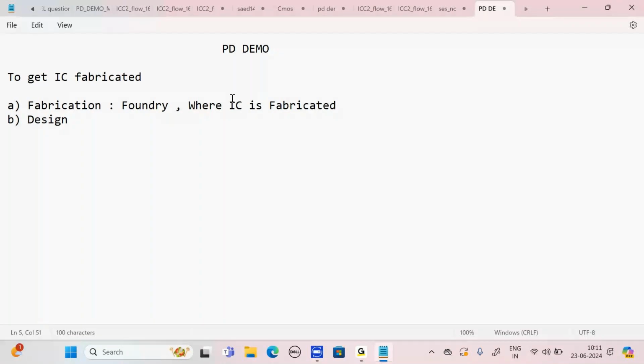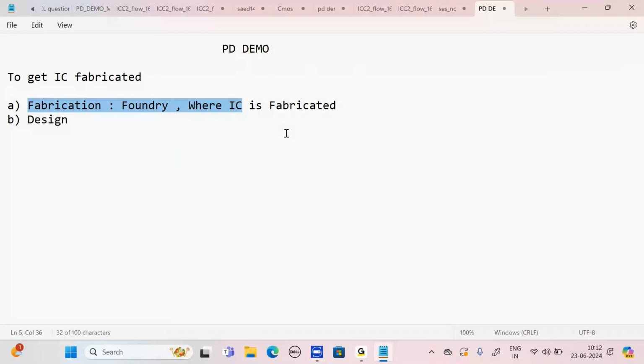So for that reason, opening a foundry is not very easy. And who is going to work in foundries? More than the knowledge of electronics, there should be a knowledge of what? Chemical reaction. Electronics engineers have no much role in foundry. Chemical engineers have to be working in foundry.